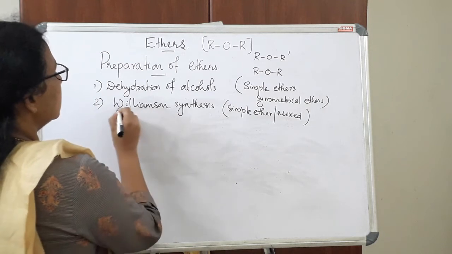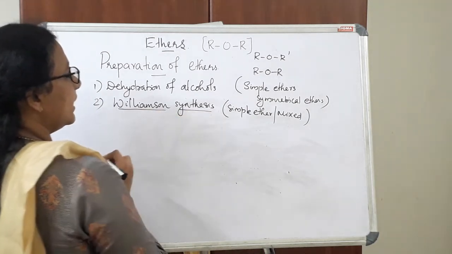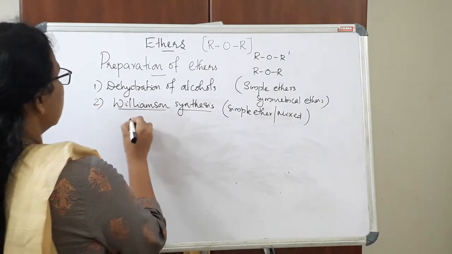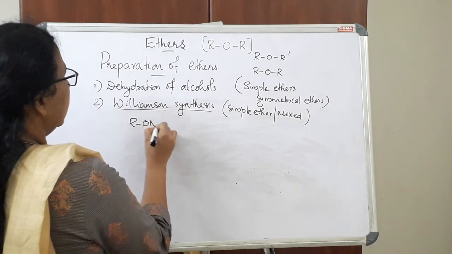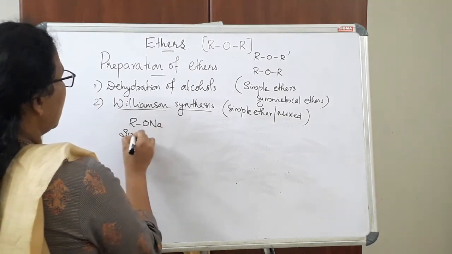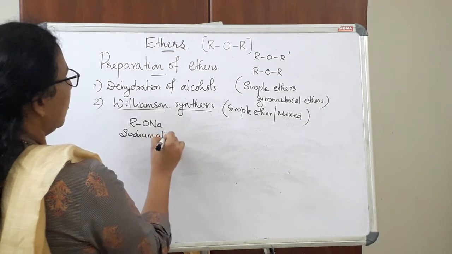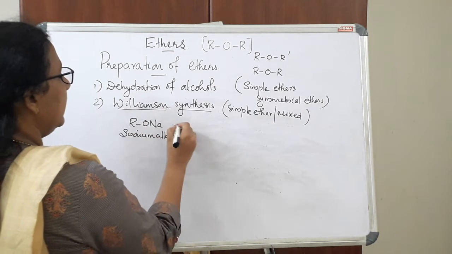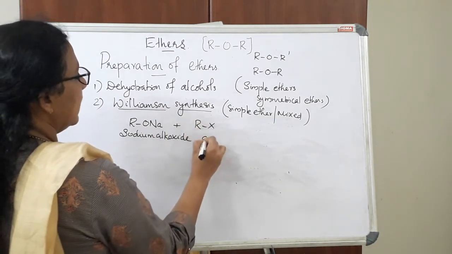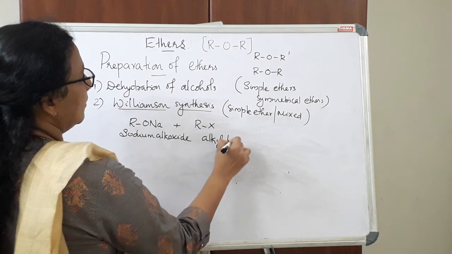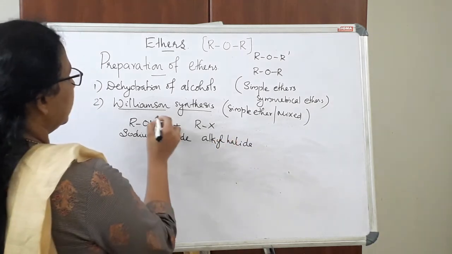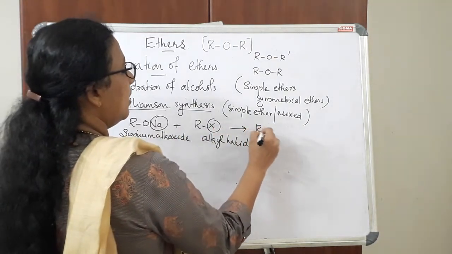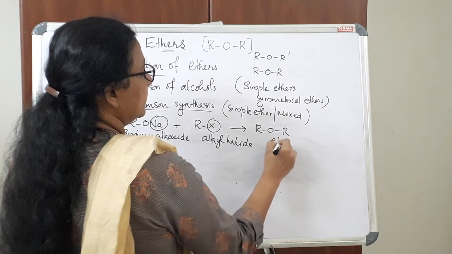This is a named reaction. It is called Williamson synthesis, or we can say Williamson ether synthesis. In this case, we will take RONa, that is sodium alkoxide, and R'X, that is an alkyl halide. In this case, NaX will be eliminated and we will get ROR', this is an ether.